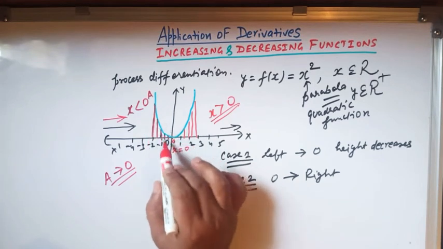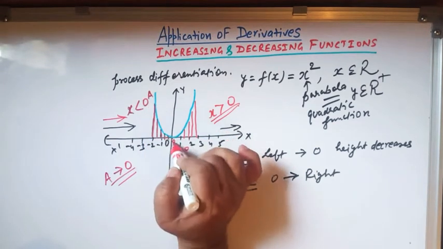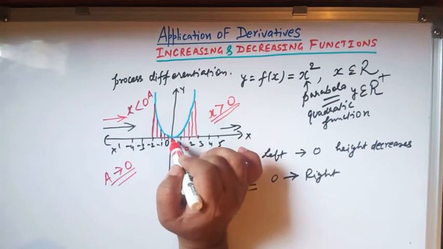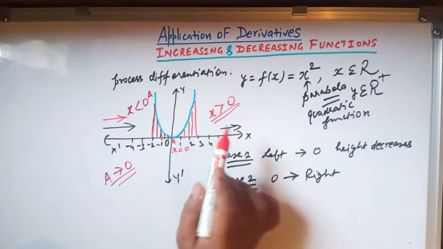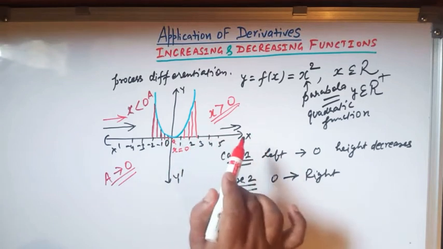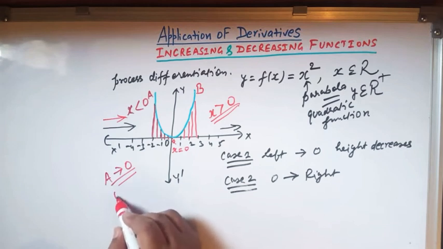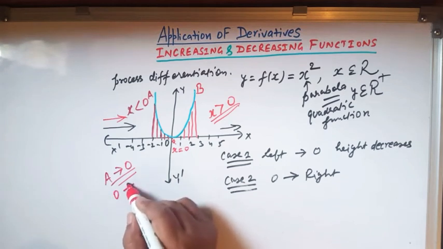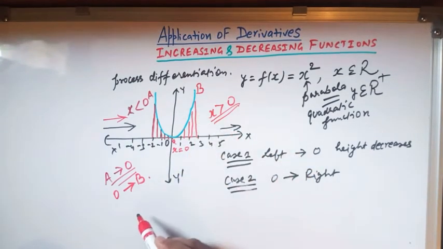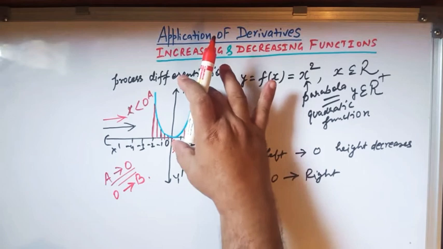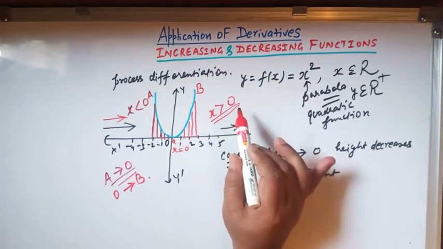The height of the graph decreases. So this is the decreasing function from A to O. Now if we move from O to B on the right, we see that the height increases, and this is the increasing graph for x greater than 0.